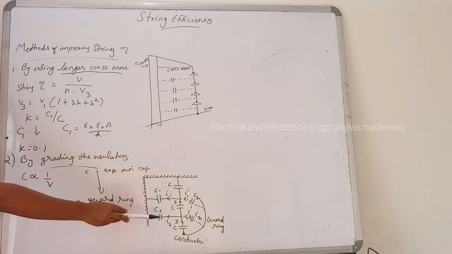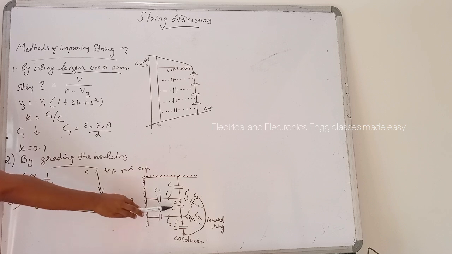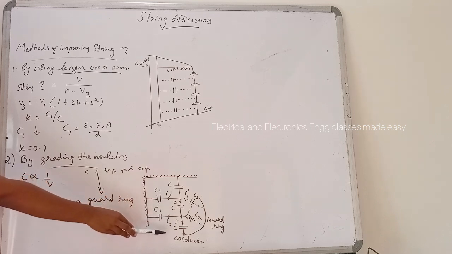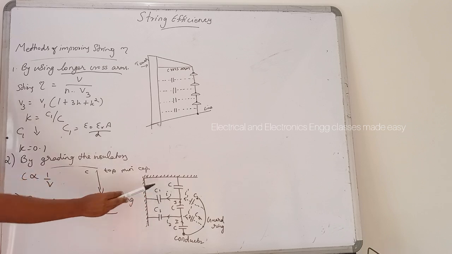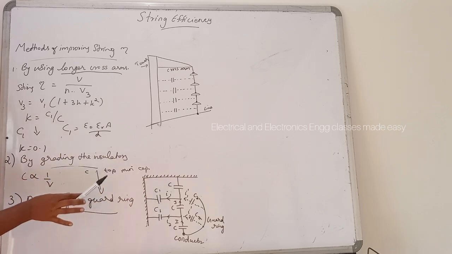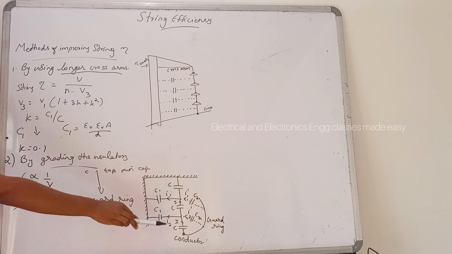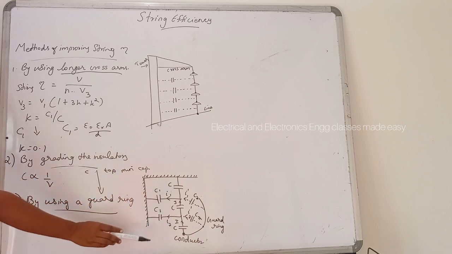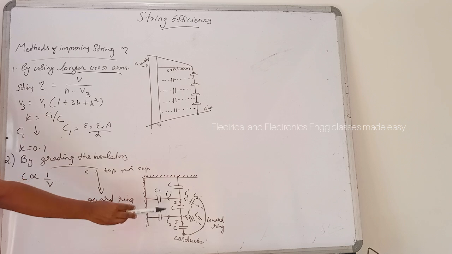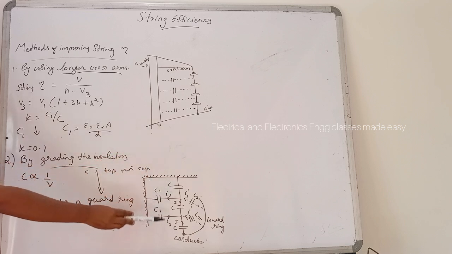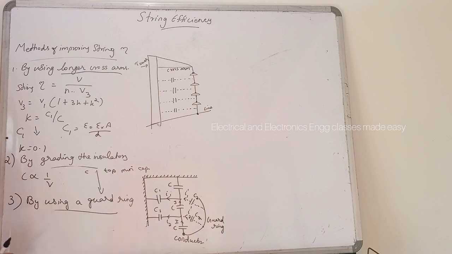The result is that the same charging current I flows through each unit of the string. Consequently, there will be uniform potential distribution across the units because the currents through these capacitances are the same.